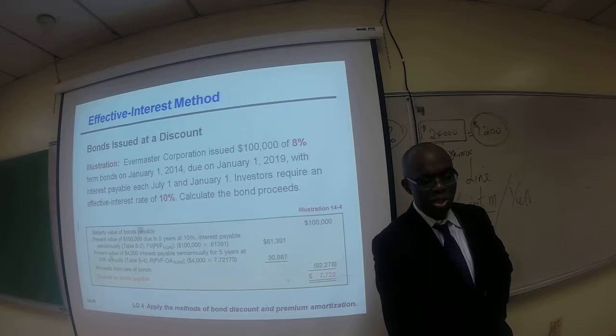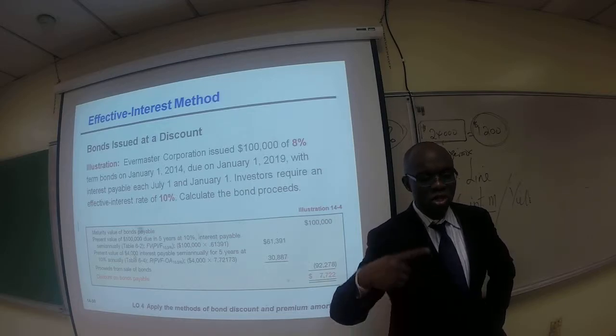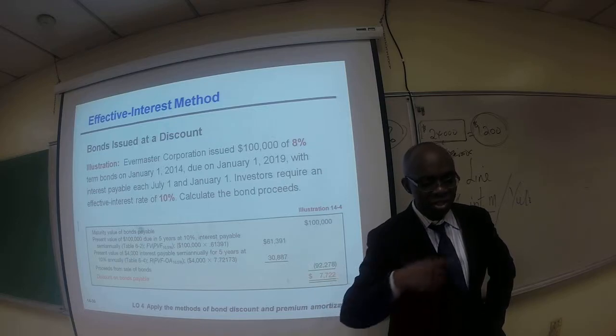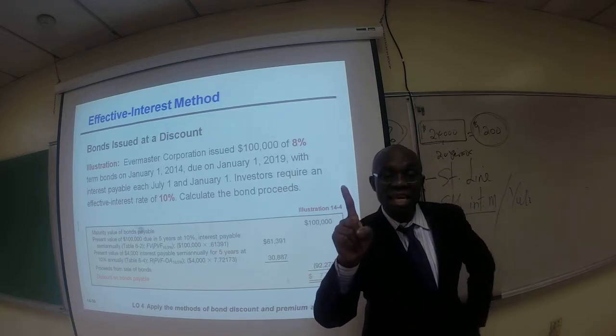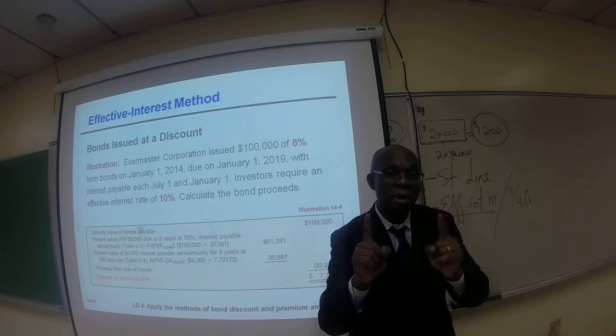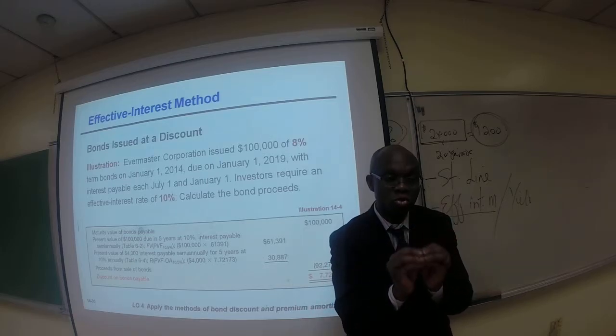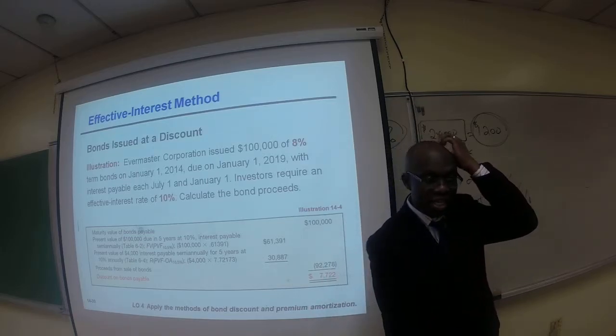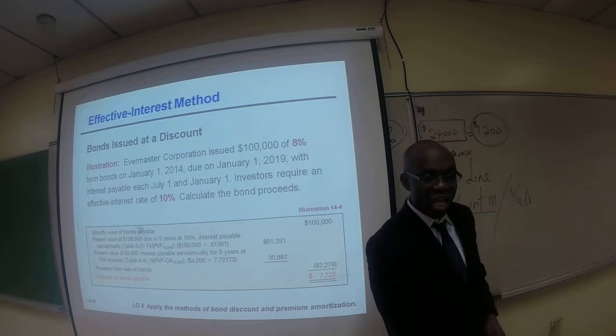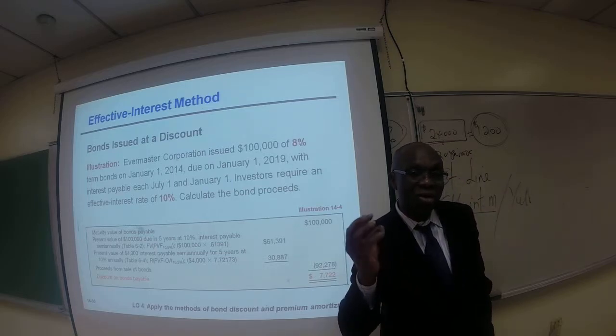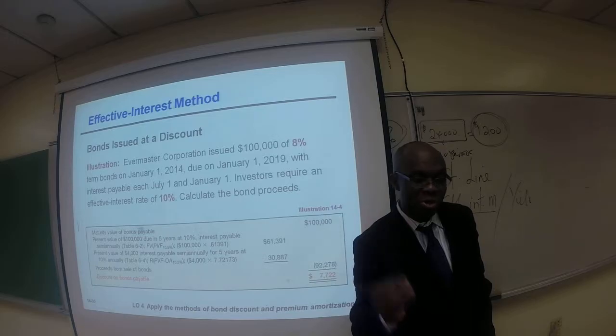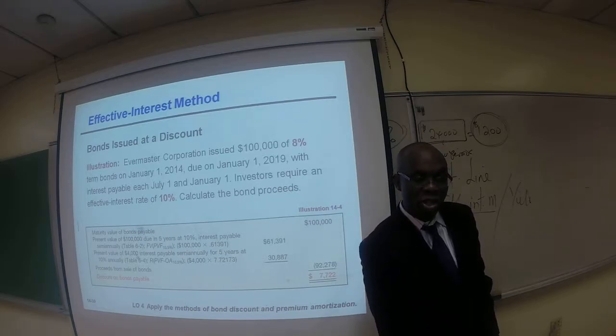Then we calculate the present value of the interest payment every 6 months. Now, when it comes to interest payment, remember we use the stated interest rate. In this case, the stated interest rate is 8%. That is for the calculation of the cash interest payment, and here it is 4,000.